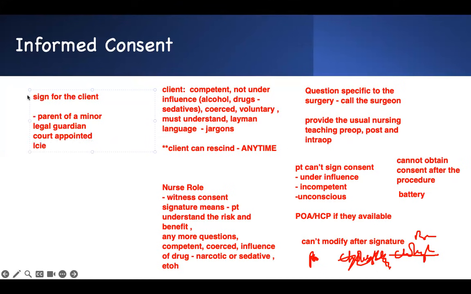If you are the client's power of attorney, you can sign. Or the proxy, you can sign. If nobody, then the closest relative or spouse can do that. But these people have legal priority over the last ones.